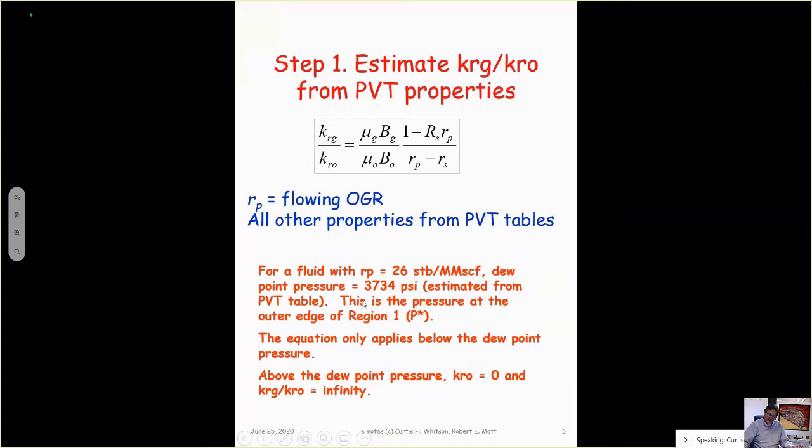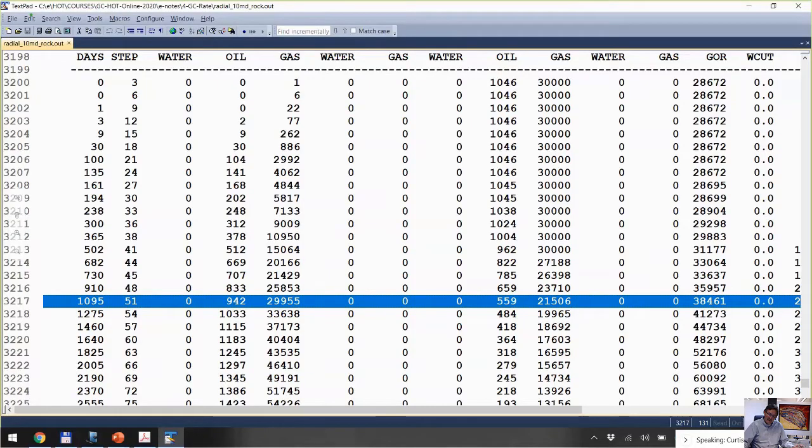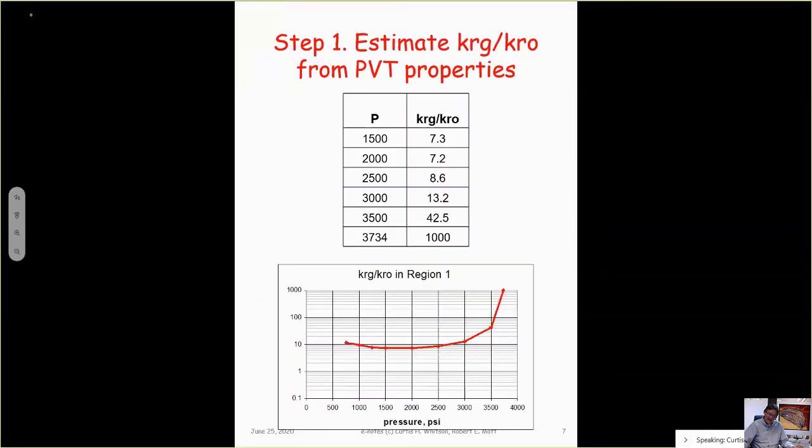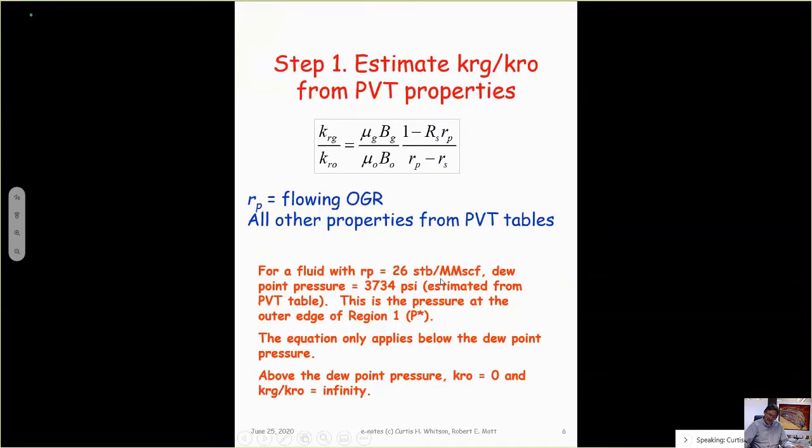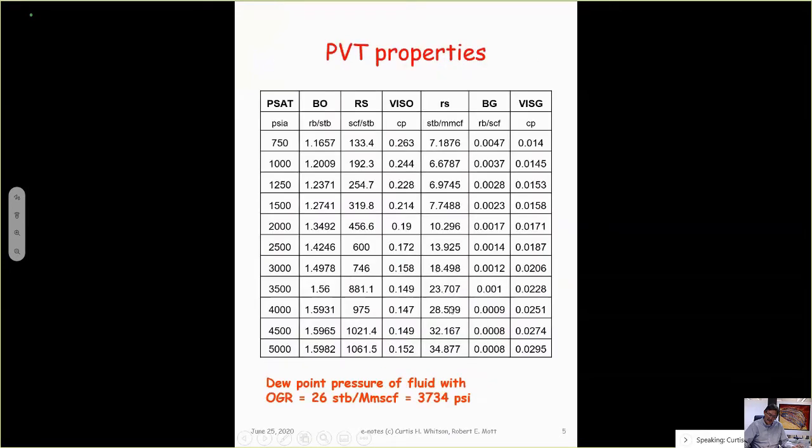And then the tubing, the Blackwell table, he's got that here. 21 or 26? So 26 is interpolated somewhere here between 3,500 and 4,000 dew point.